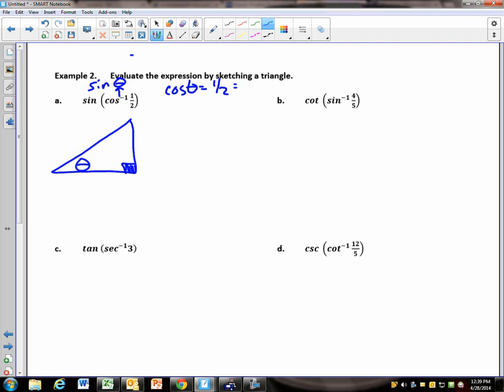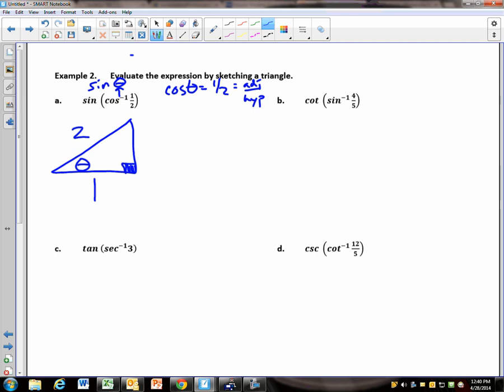So I know that 1/2 is the adjacent side divided by the hypotenuse. So we're going to call the adjacent side 1, and we'll call the hypotenuse 2. This is my triangle. Again, when you cosine inverse something, you're going to get that angle.